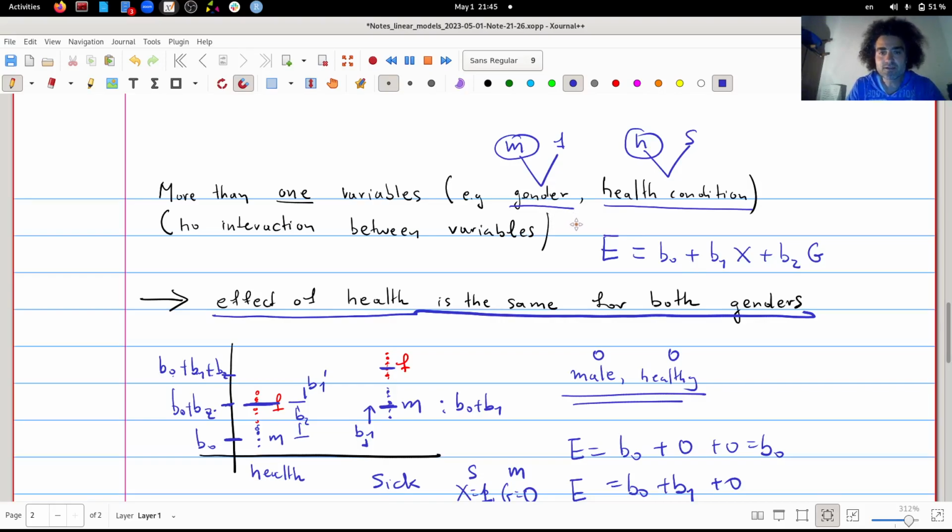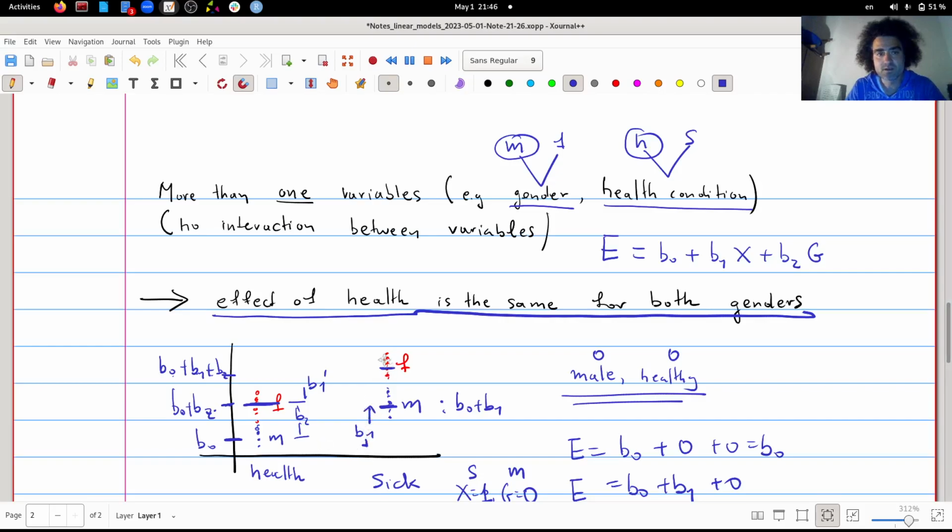In this case, it is advised to also use the gender variable in the equation. And we will see now how to calculate the coefficients for the health condition. So here the b1. Because the b1 is the effect of health condition on the expression level.